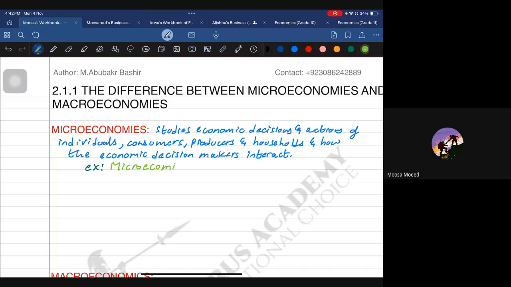Microeconomics will consider how individual firms organize production. So this is a micro level discussion. So we are giving examples of micro discussions.